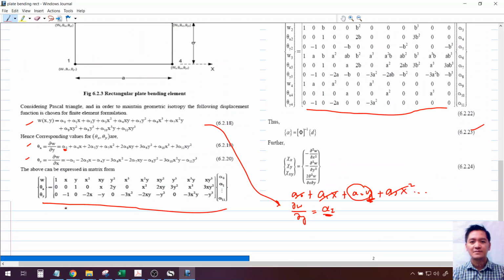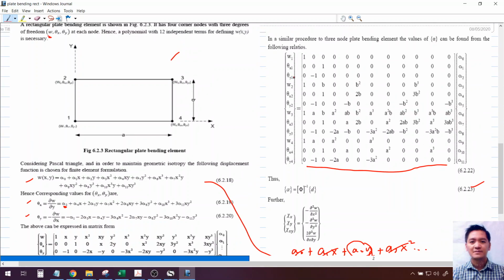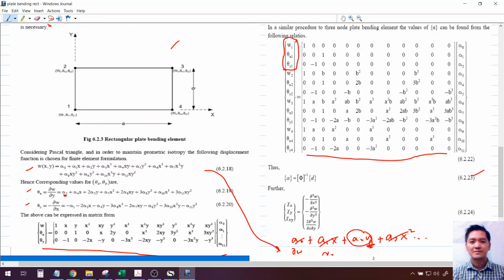So, for example, let me first explain these three: W1, theta X1, theta Y1.